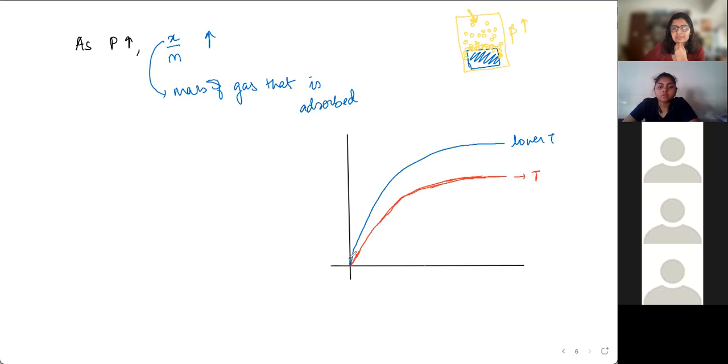As you keep lowering the temperature, the shape remains the same, but the extent of adsorption increases this way. So these are all the adsorption isotherms. On the x-axis you have pressure, on the y-axis you have X by M.